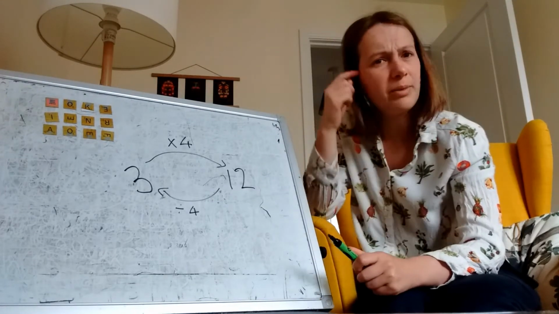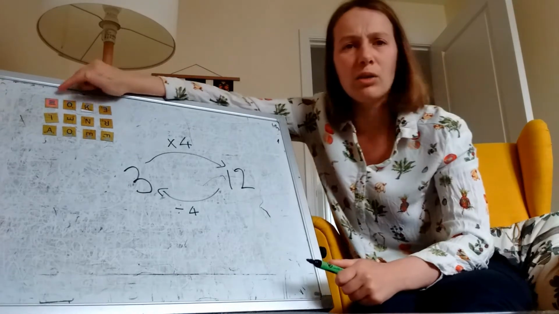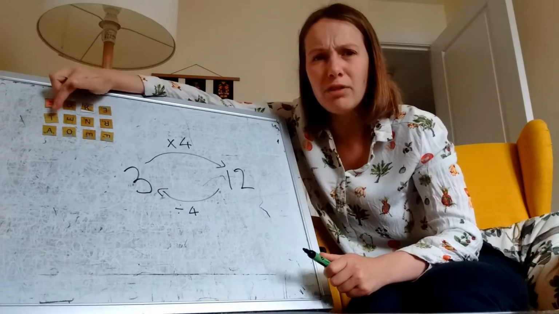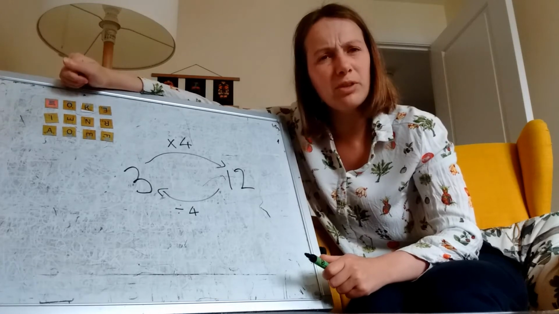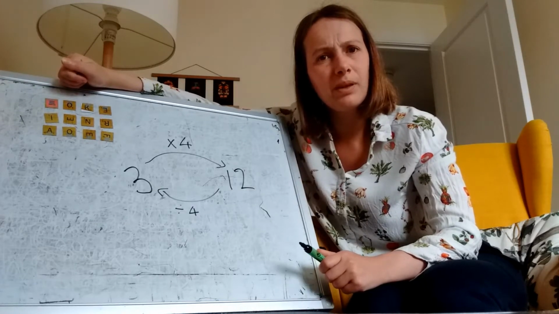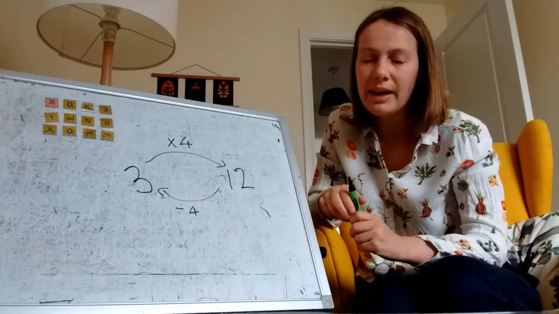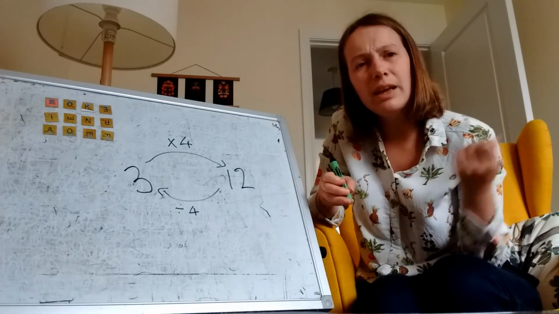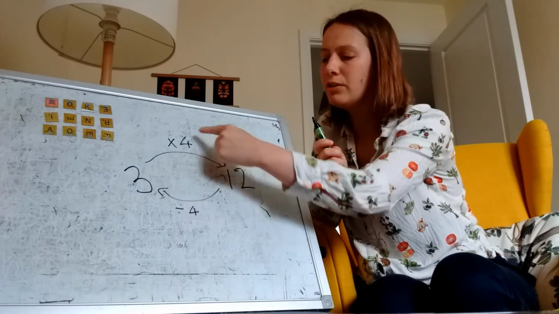Or I could look at this from a divide sign and go, I've got a rectangle with 12 pieces in it. There are 3 rows. How many columns are there? So really, they're just asking us bits of questions about the relationship between these 3 numbers, 3, 4 and 12.